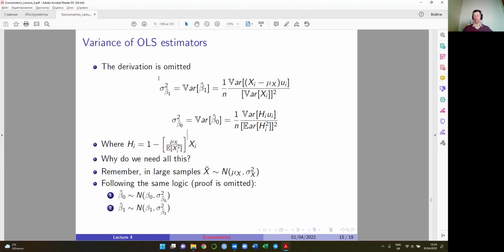The whole variance of beta 1 hat depends on the population parameters of x and on the population parameters of the linear regression model. So be careful with this, please. This is mu x, the true population mean of x. This is u i, the error term, which is not observed. And the variance of the whole thing is also not known, as well as here, this mu x is not known.